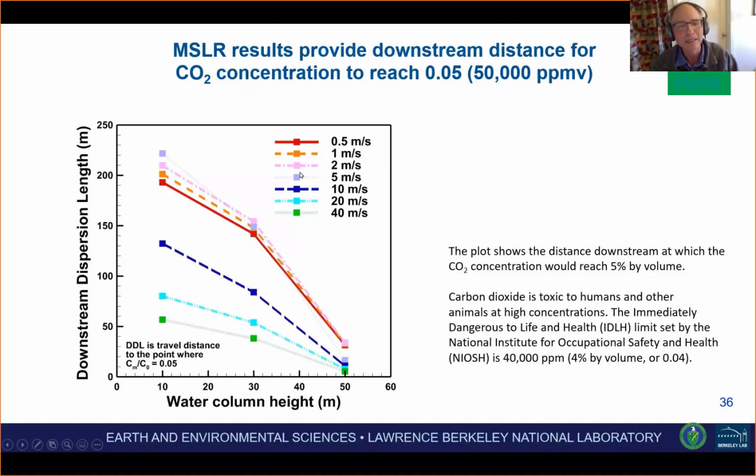Now as the wind gets a little bit stronger, like 1 meter per second and 2 meters per second, those downstream distances actually increase. So you have to go farther away to be safe. But then, as the wind speed gets up to 10 meters per second, those downstream distances are smaller.